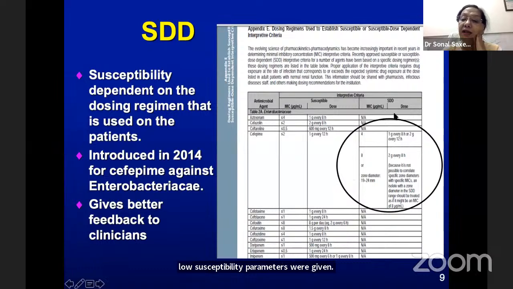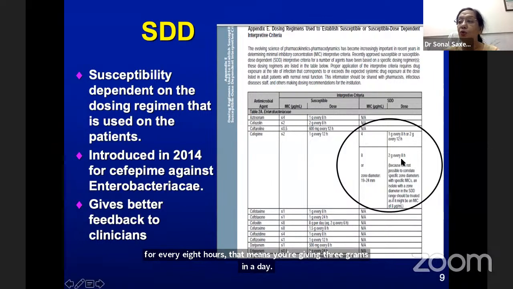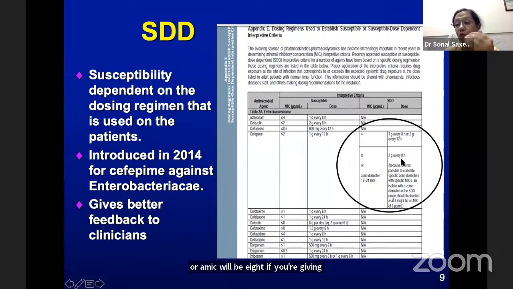So as you can see here, if we talk of SDD, we say that the MIC would be 4 if you give a dose of 1 gram every 8 hours, that means you're giving 3 grams in a day. Or MIC will be 8 if you're giving 2 grams every 8 hours. That means almost double. So this is an area where this is being correlated with this, and for the lower dosage, the zone diameters are not available because it was not possible for them to highlight this.